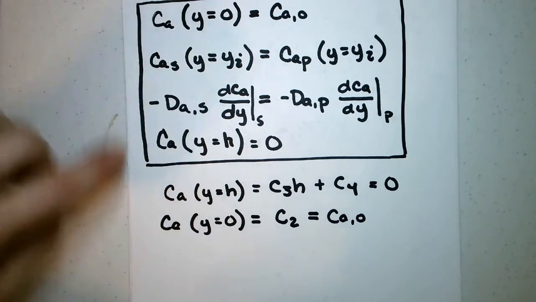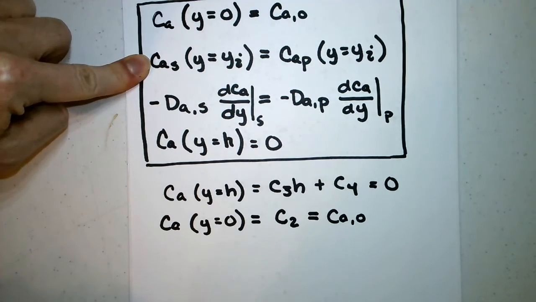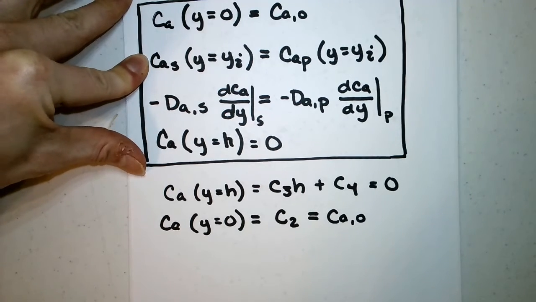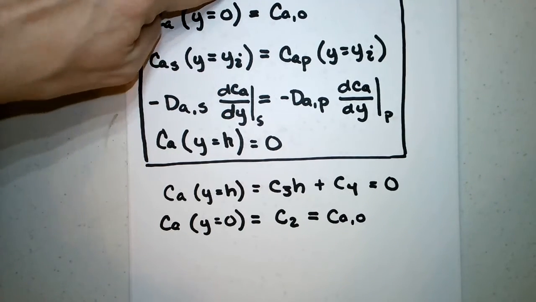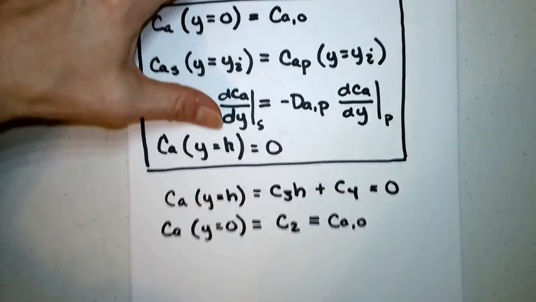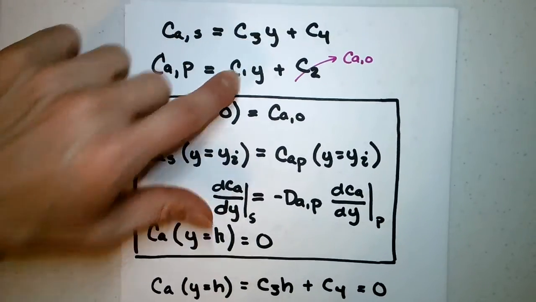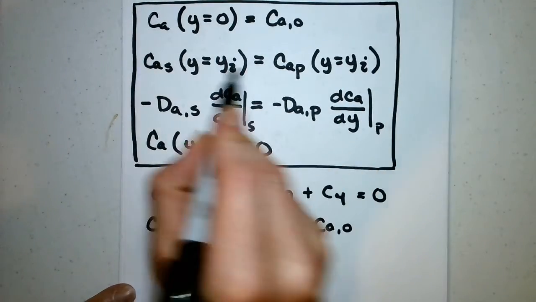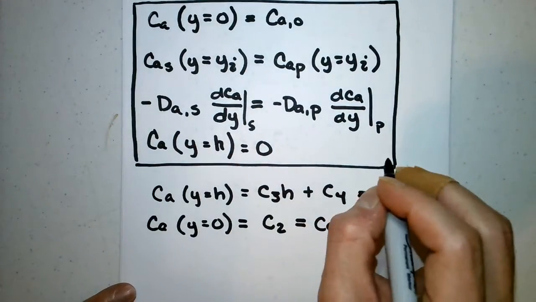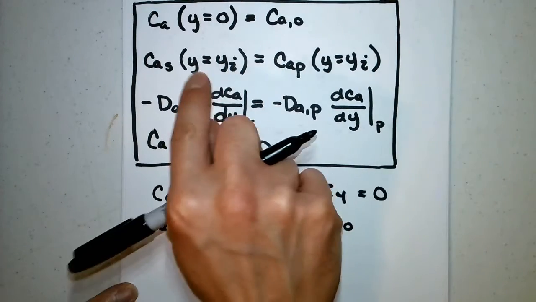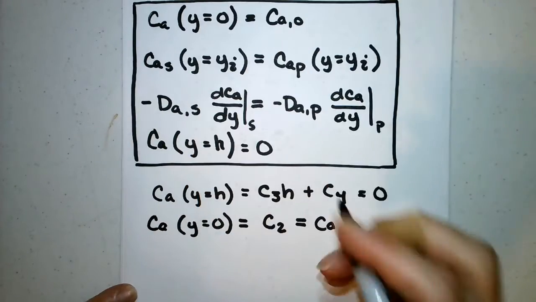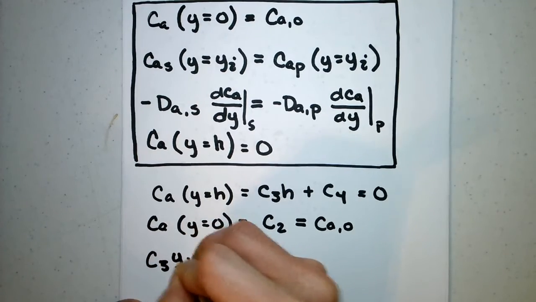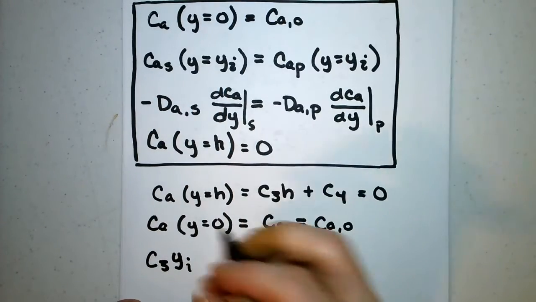All right, and so I can also evaluate this boundary condition, the one that has to do with the concentration, by just plugging in y sub I for each of these. So my next boundary condition that I want to look at is going to be this one. CAS evaluated at y equals y sub I is C3 y sub I plus C4.